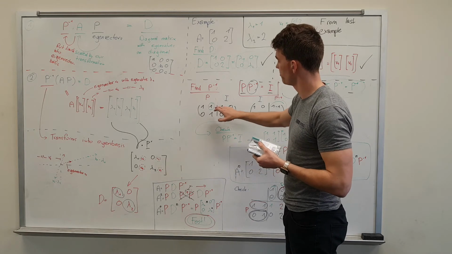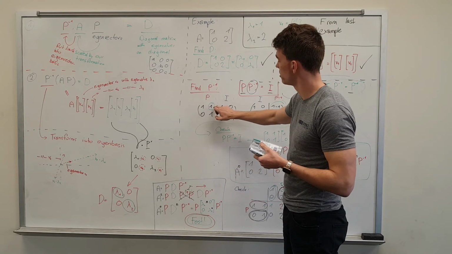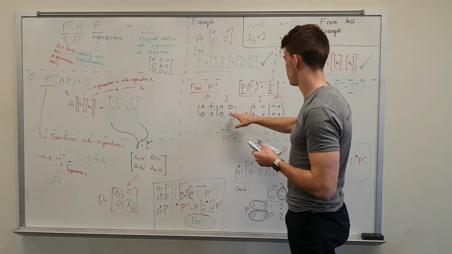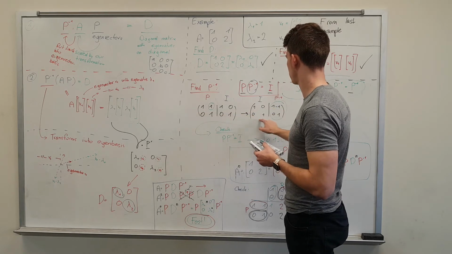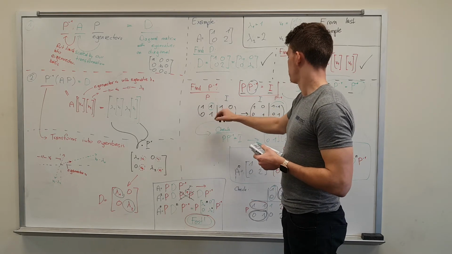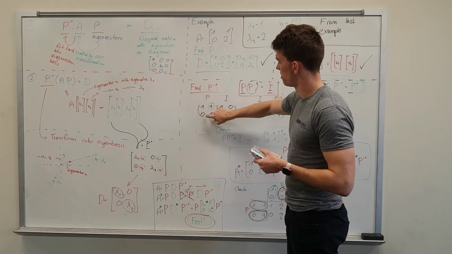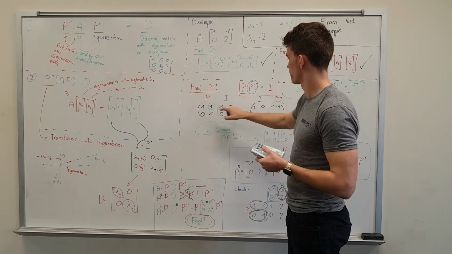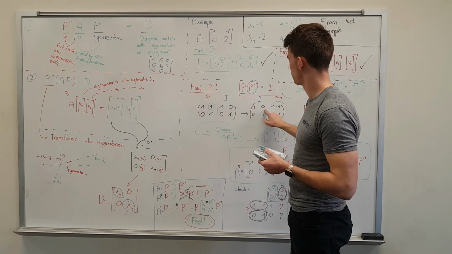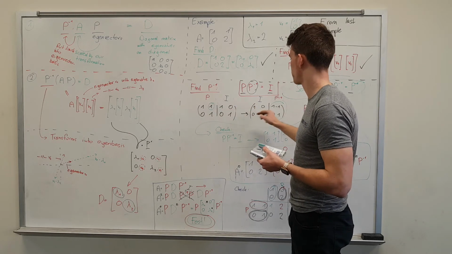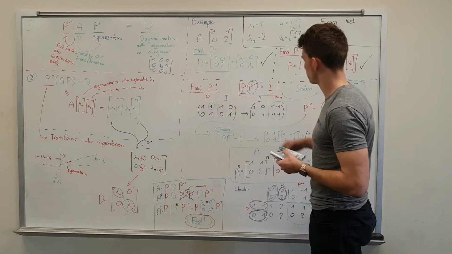So what we can do is we just subtract this row from this row. This row is unchanged, so this is the same. So we have 1 minus 0. Well, this is 1. 1 minus 1, this is 0. 1 minus 0 stays 1. 0 minus 1 is minus 1.